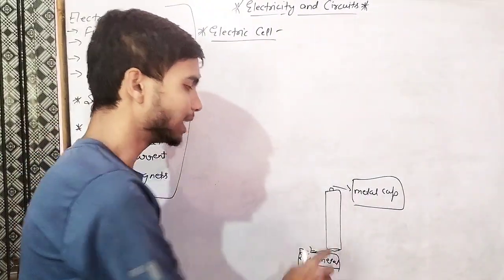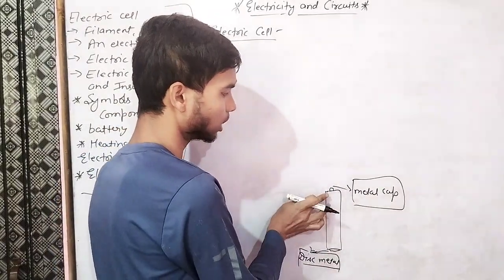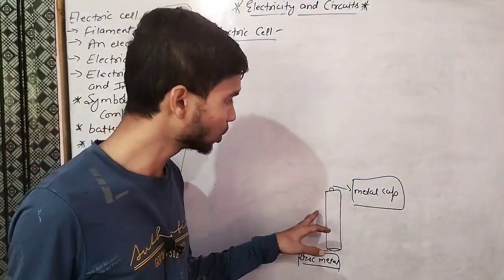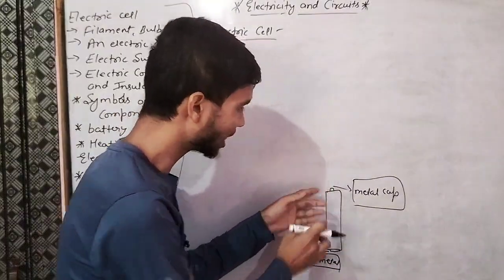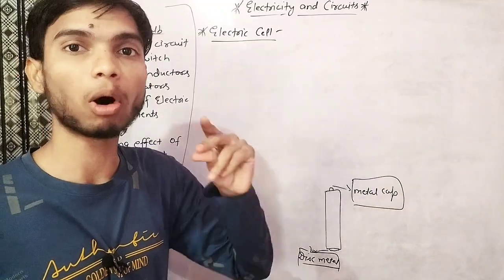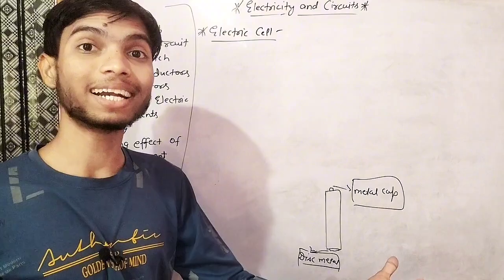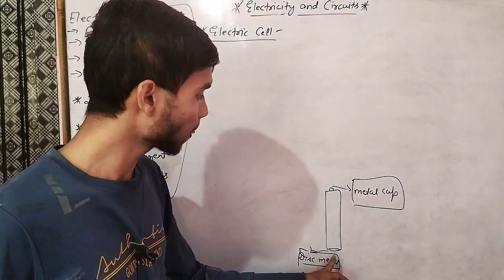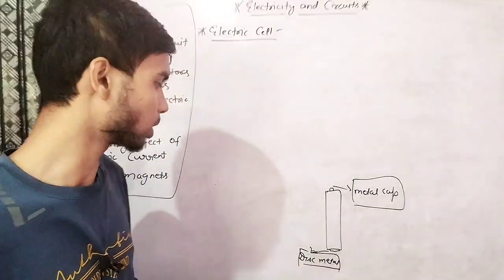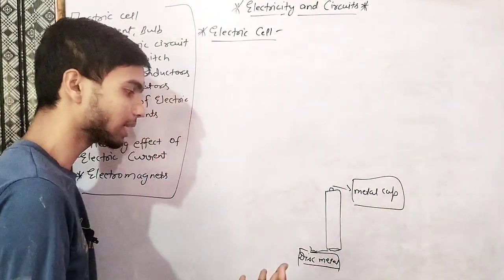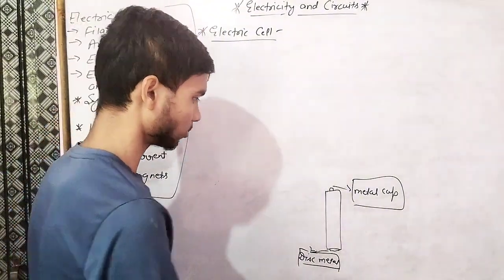Now an electric cell has two terminals. Here is how to identify the two terminals of electricity. This metal cap indicates the positive terminal, whereas this flat metal indicates the negative terminal. We can't say it the other way; it is wrong to say so.